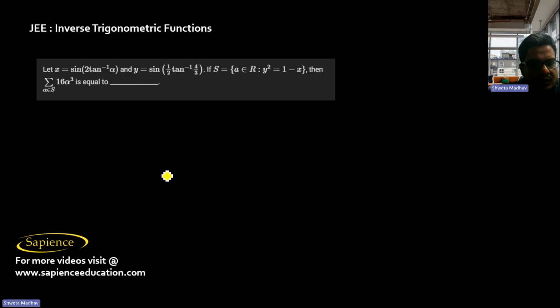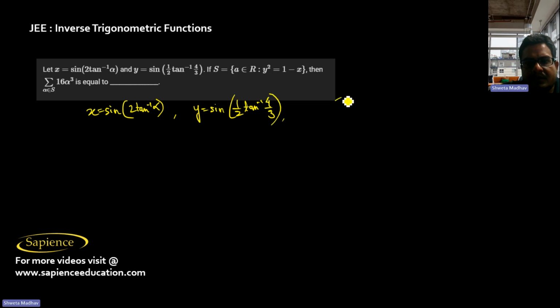And here it is told that let x be equal to sine of 2 tan inverse alpha, and y is equal to sine of half tan inverse of 4 by 3. So if S is the set of all those alpha belonging to R such that y square equals 1 minus x, actually it should be alpha.